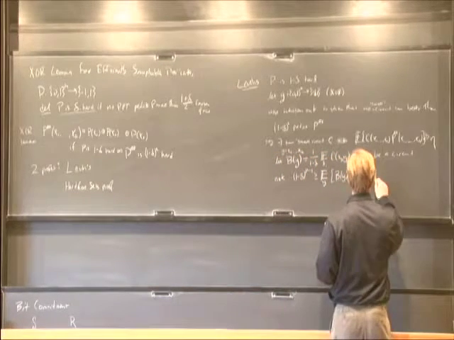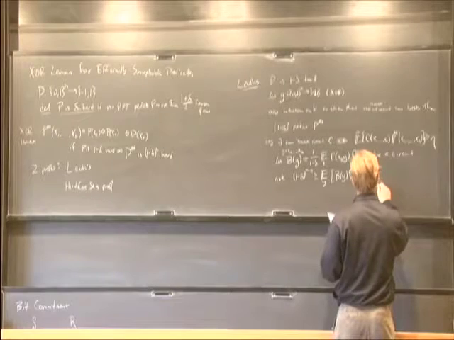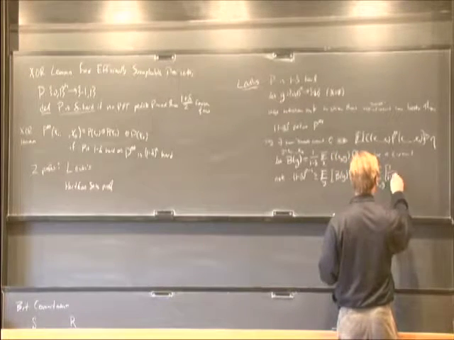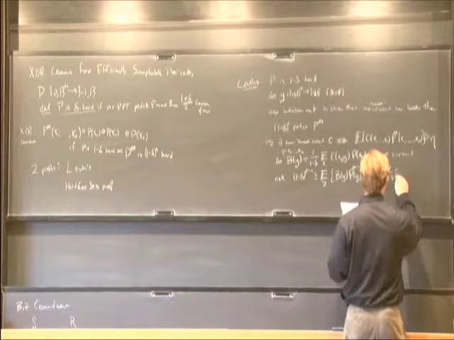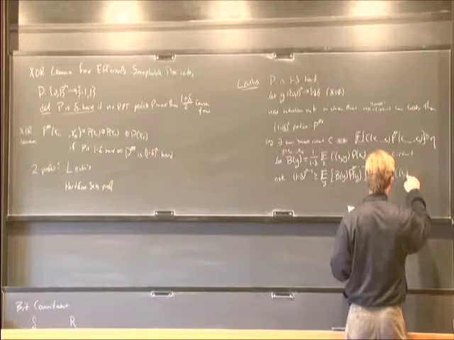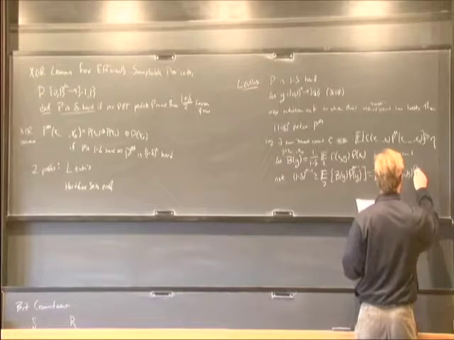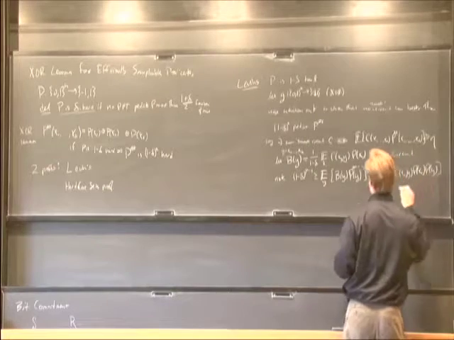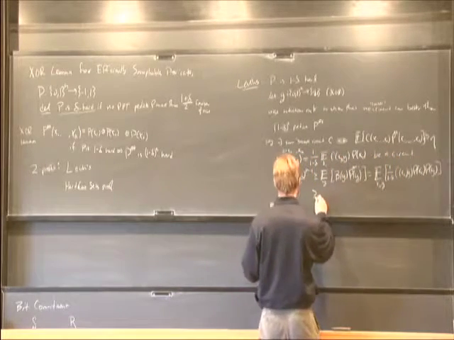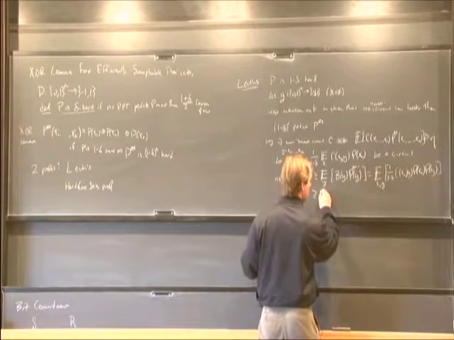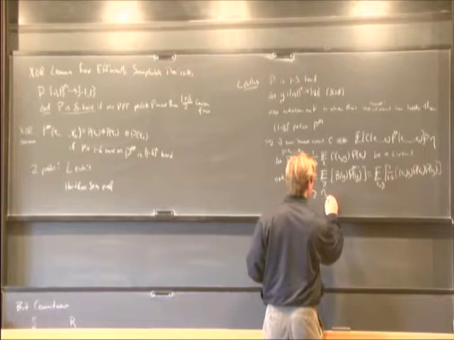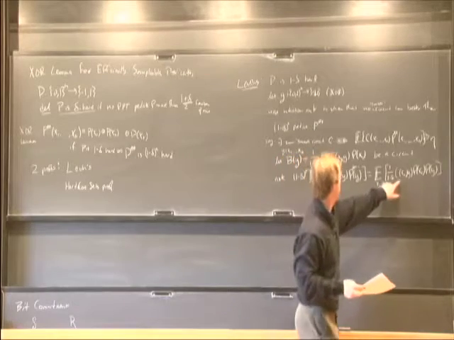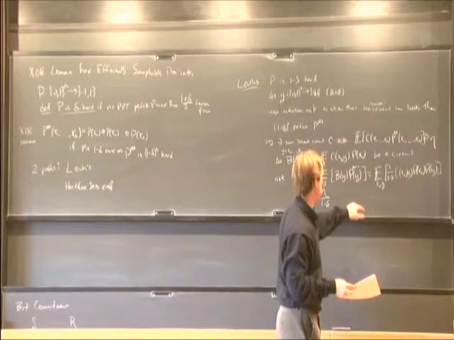But this just equals the expectation over x1 and y of the circuit times p of x1 and y. This is just the thing we want to bound now.